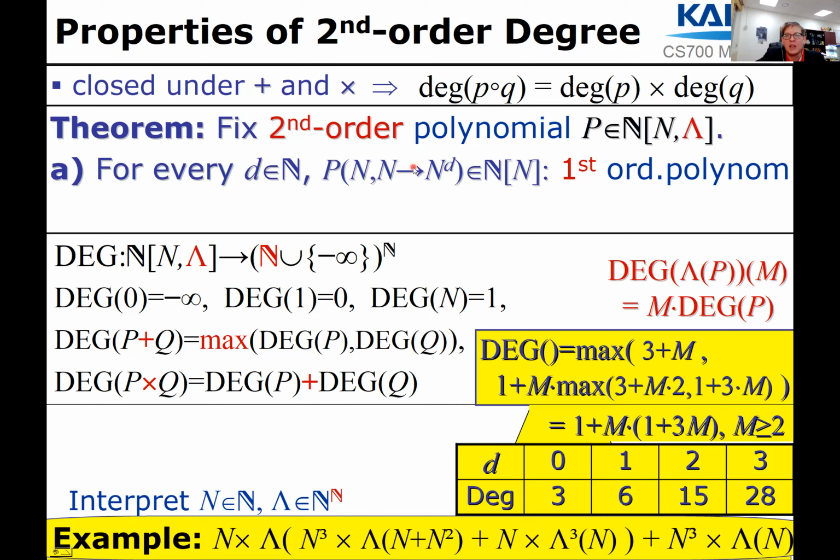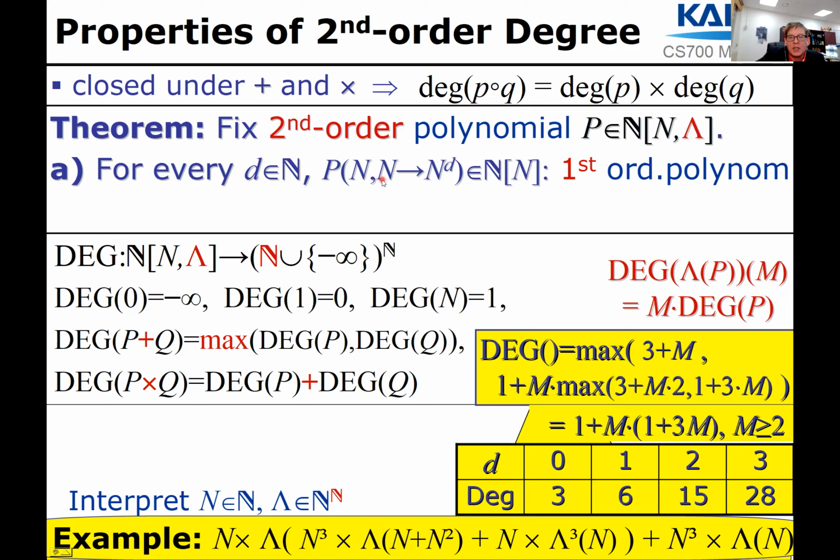Let me say that again. Remember that when we interpret the variable n as a natural number and the variable lambda as a natural number function, then the second order polynomial evaluates to a natural number. And this is what we do here.